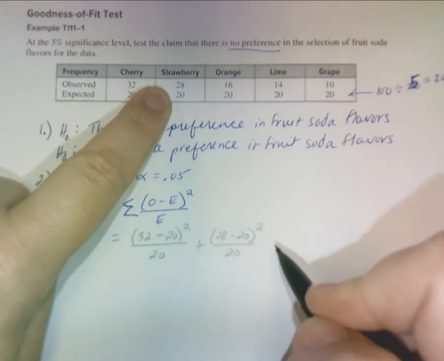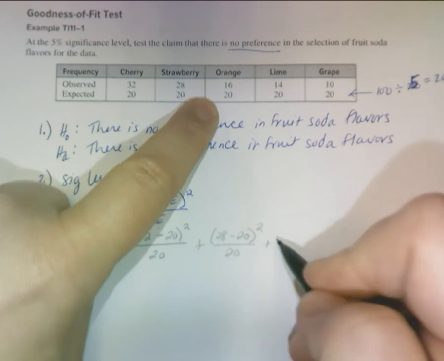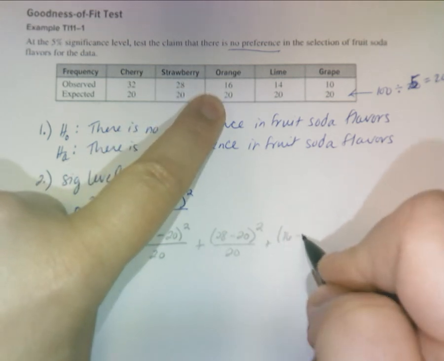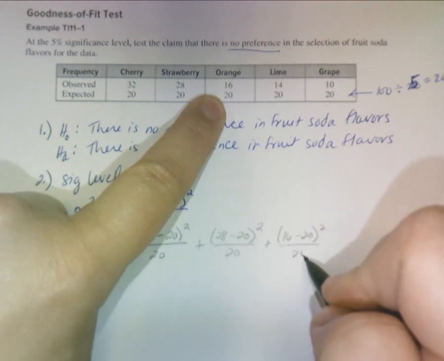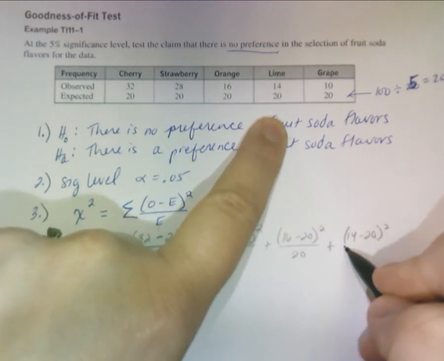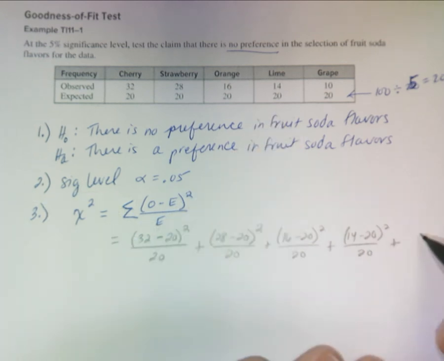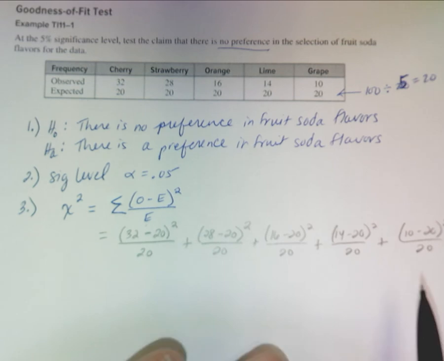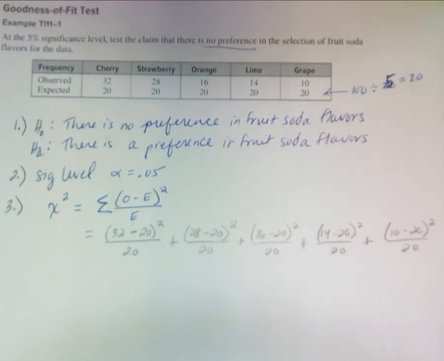Divide by 20 squared. Plus orange, 16 minus 20 squared divided by 20. Plus 14 minus 20 squared divided by 20. Is this making sense? And then one more, 10 minus 20 squared divided by 20. Notice, when you square these, you're not going to have any negatives.